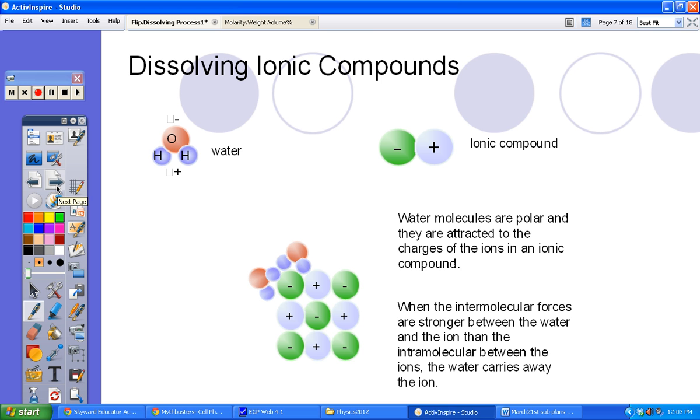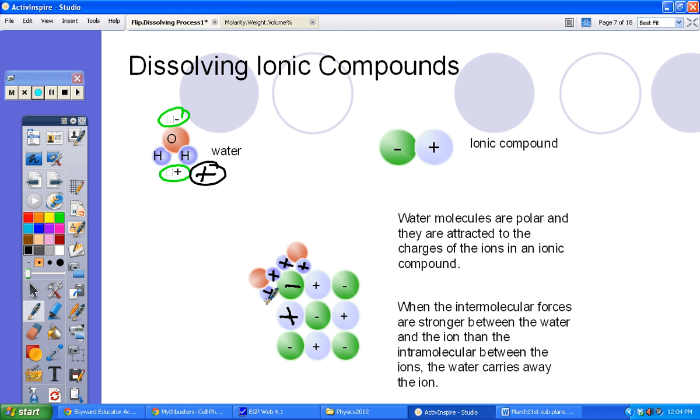Now, the actual dissolving process is how it works. Last unit we looked at polarity of molecules. Water is polar. It has a negative and positive end. Ionic compounds have a positive and a negative portion to them, and so those are naturally attracted to the water molecules. Notice the positive end of the water here is attracted to the negative end of the ionic substance.